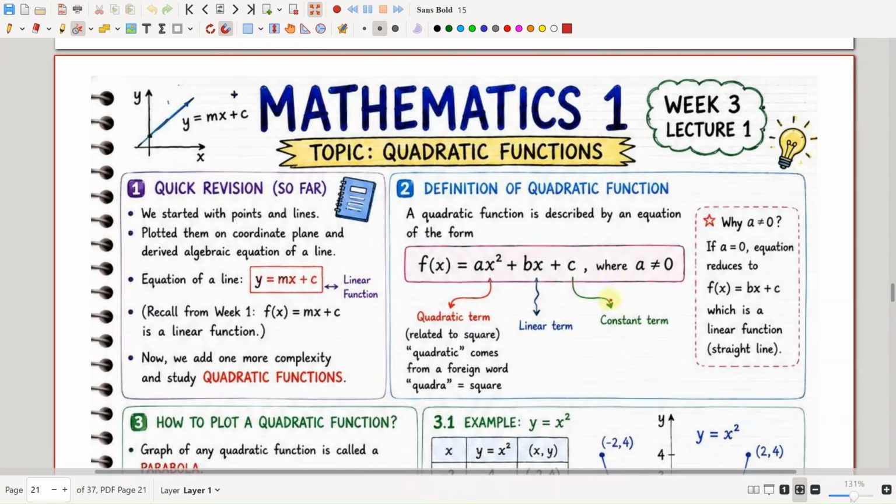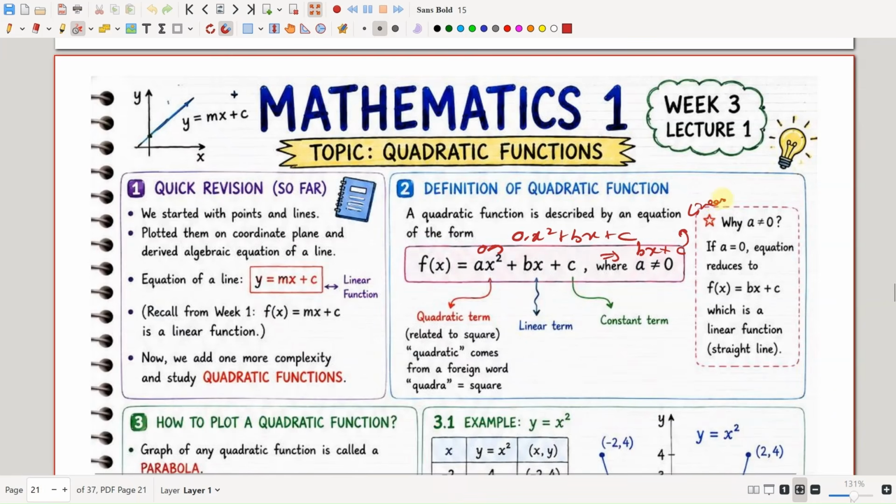Okay, where a is not equal to 0. Why are we always emphasizing that a is not equal to 0? Because when you put a is equal to 0, the equation will turn like this: 0 into x square plus bx plus c, which implies bx plus c. So it will again turn into some linear function, right? If the x square term is removed, only x will be there. The highest degree is 1 here.